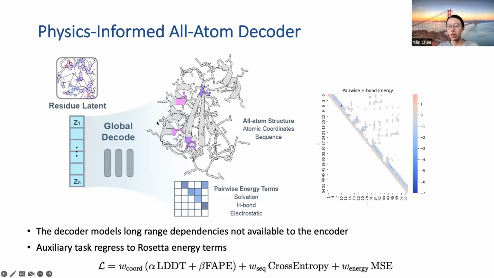This shared transformer backbone has three heads: one for sequence, one for coordinates, and the last one for pairwise energy terms. These are Rosetta scores that we pre-compute on all the training structures, and that accounts for solvation, hydrogen bond, and electrostatics between all pairs of residues. That allows information to be learned in this latent to make it physically meaningful.